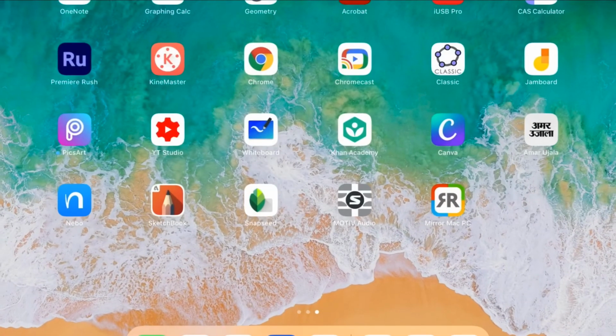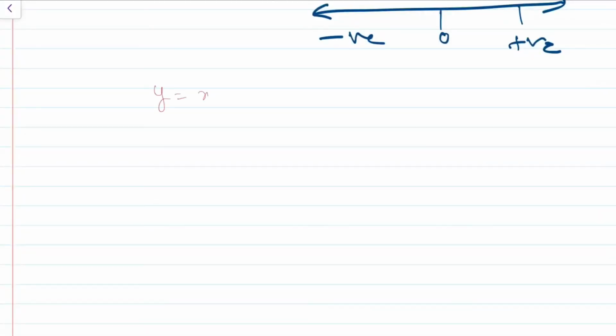Let us see once again. See the function y is equal to x cube. Find its first derivative, dy over dx is equal to 3x square. Now dy over dx vanishes at x equal to 0. Let us take a value which is slightly less than 0.